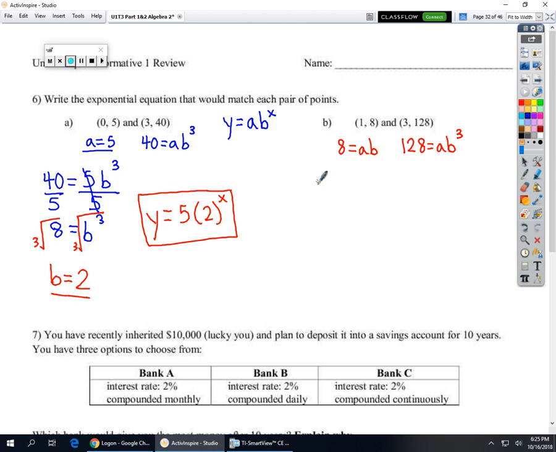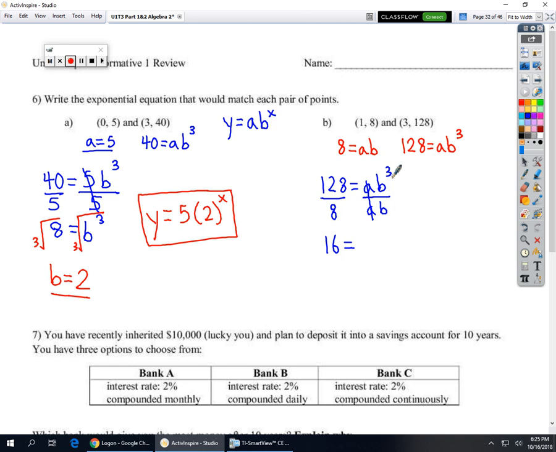So this is going to be 128 equals ab to the power of 3. And I'm going to divide 128 by 8, ab cubed by ab. 128 divided by 8, that is 16. The a's will cross out. I have b to the power of 3 and 1 b here.